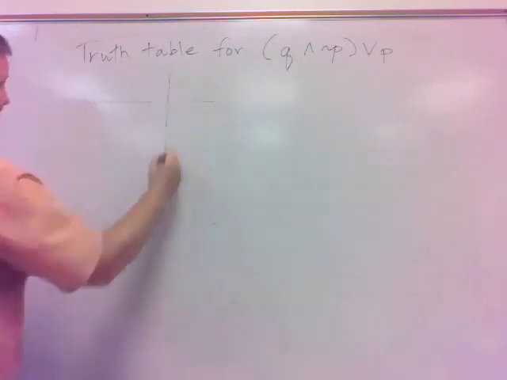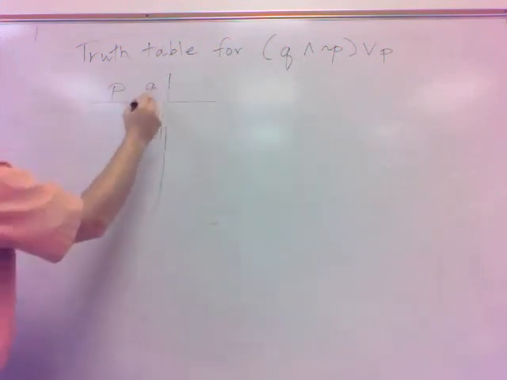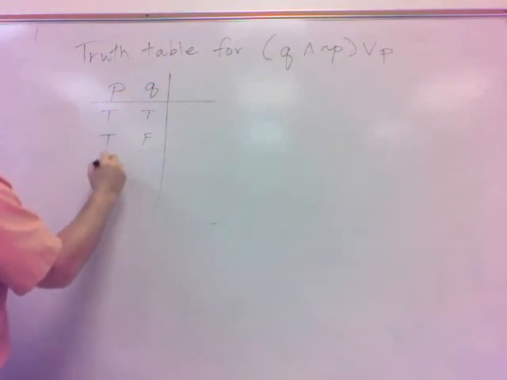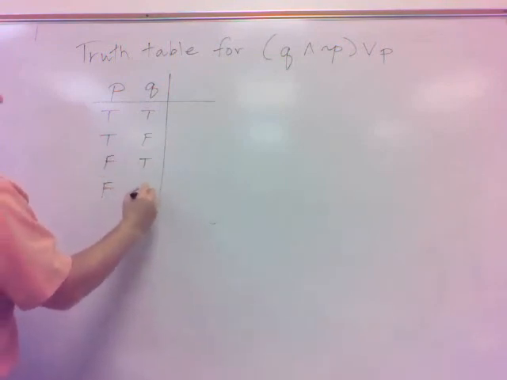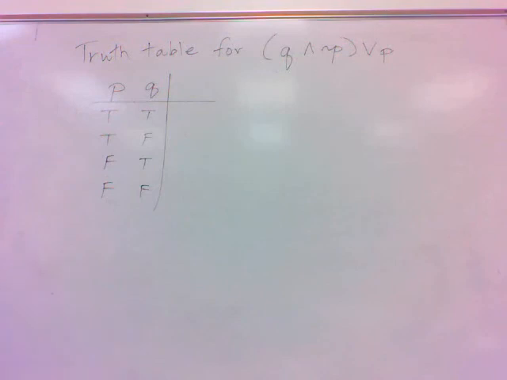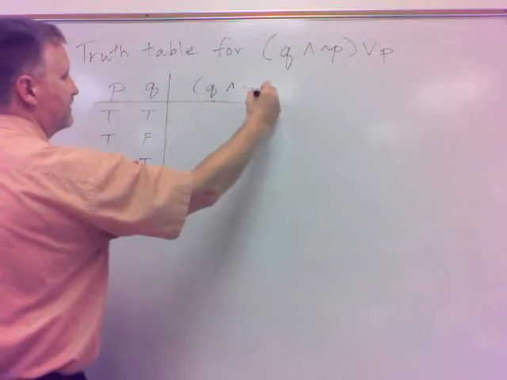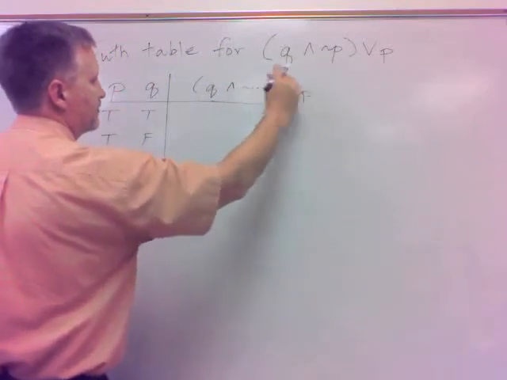So again, this part over here just stays the same, P's and Q's. I want true, true, true, false, false, true, false, false. And then over here, let's put our statement, Q and not P or P.